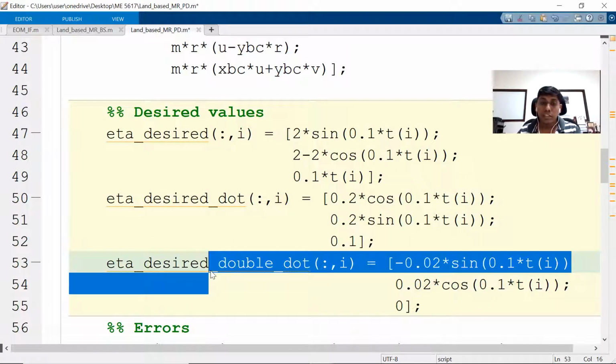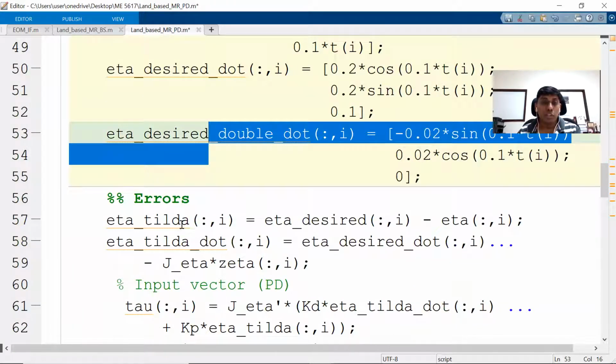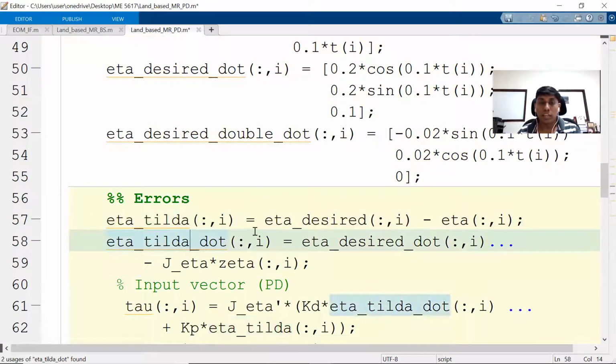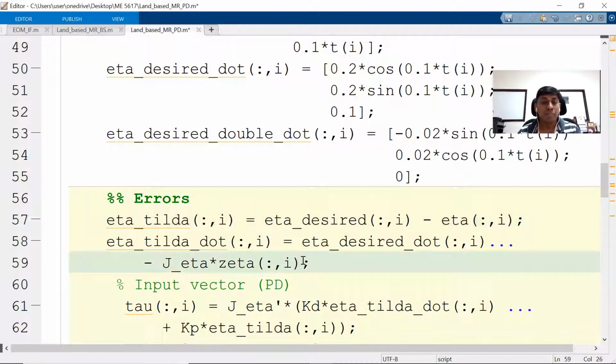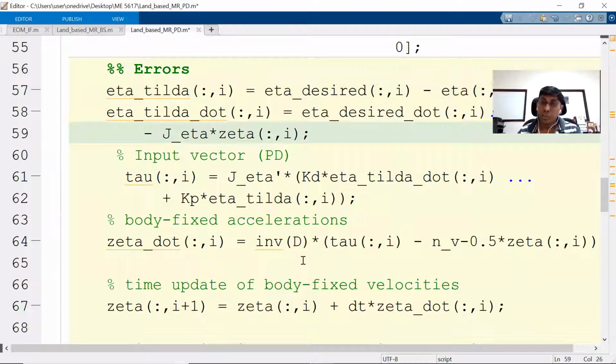Since it's a PD control, you need to calculate the position error and velocity error. The position error is eta desired minus eta. The velocity error is eta desired dot minus eta dot. Eta dot can be written as J eta into zeta. So that is what we are getting here. Then I'm trying to use the control law as the input vector, as a PD control.